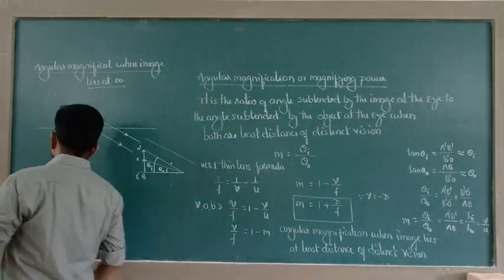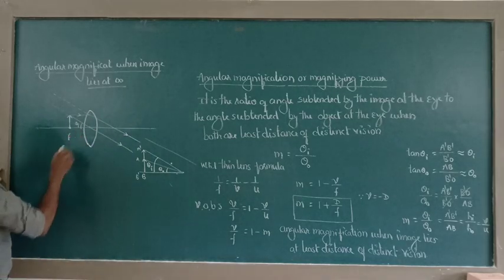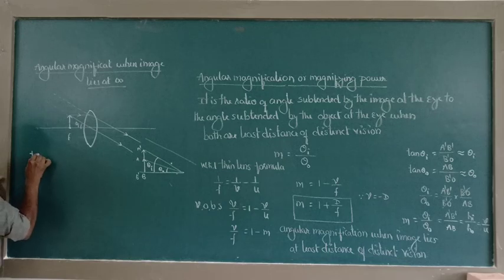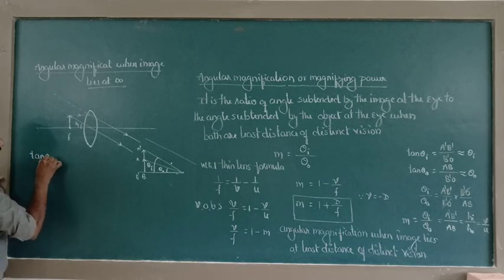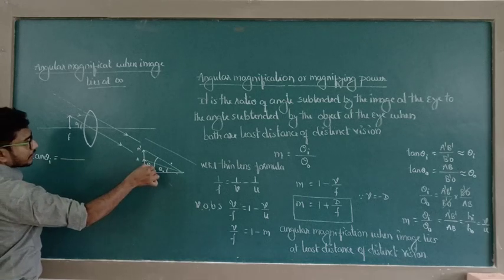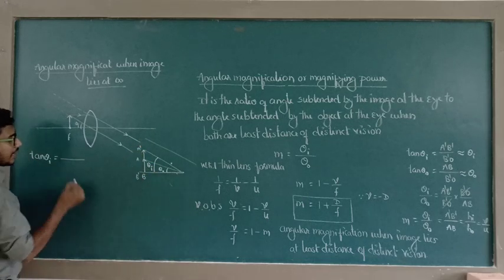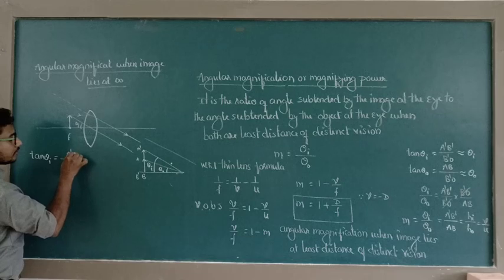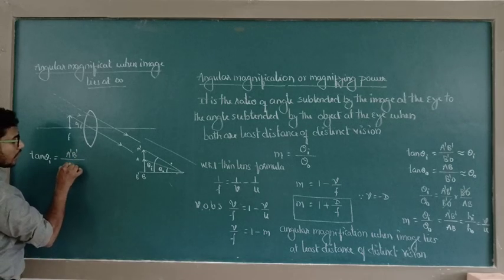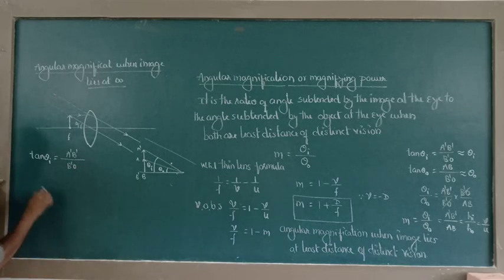angular magnification is equal to, from this diagram, tan theta I is equal to the opposite side with respect to the image, A dash B dash, the height of the image, divided by B dash O or BO.